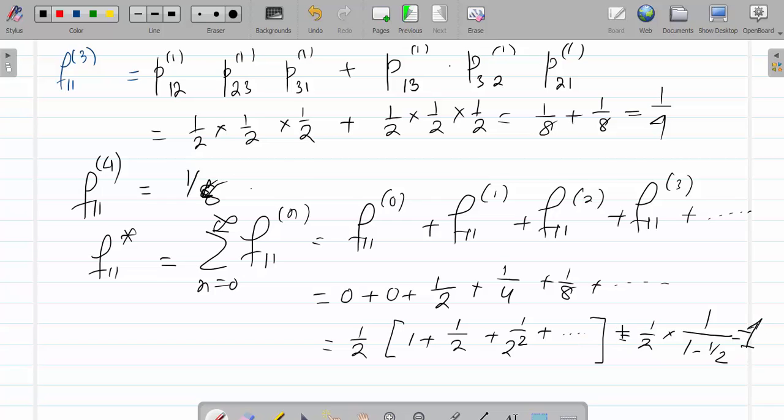So f11 star is equal to 1, so state 1 is persistent. Since all the states are communicable, all the states are also persistent.